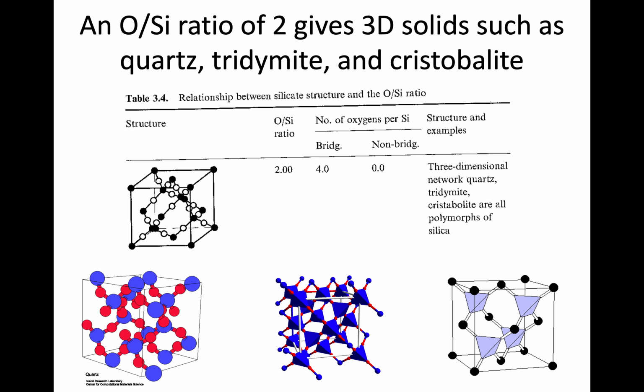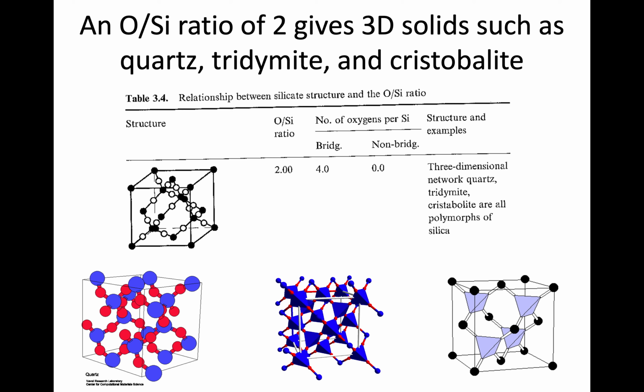The first one we're going to look at is the lowest oxygen to silicon ratio. You have the lowest amount of oxygen relative to silicon when everything is bridged, because we have less and less oxygen. This is an example of an oxygen to silicon ratio of 2. If you think about what that implies, 2 oxygens for every silicon, that's SiO2.